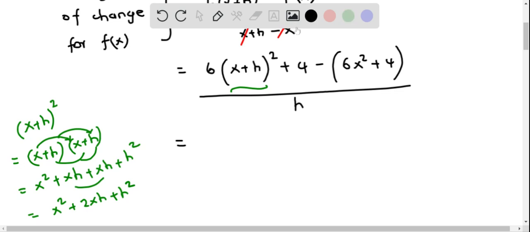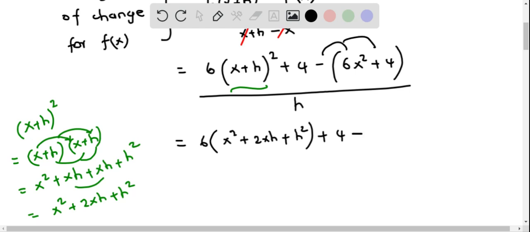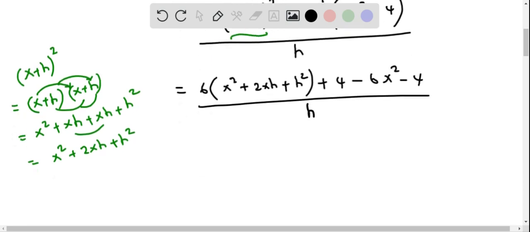So I'm going to substitute that expansion of the binomial here. I have the 6 in front, and this is x squared plus 2xh plus h squared. We then have plus 4. Now I can distribute this negative inside the terms, so this becomes negative 6x squared, and then negative 4, and this is all over h. Let's simplify this further.